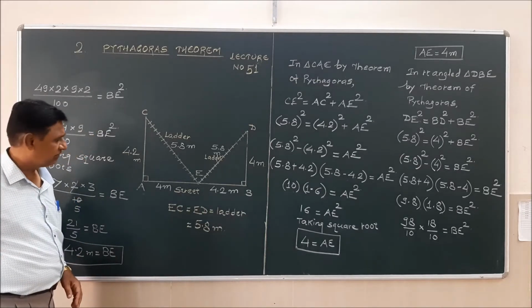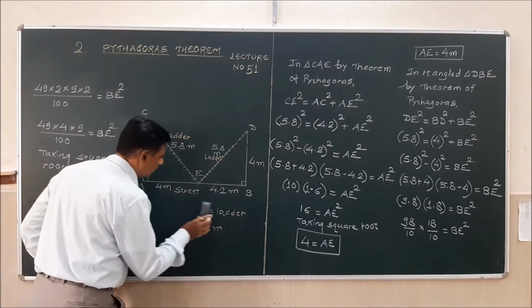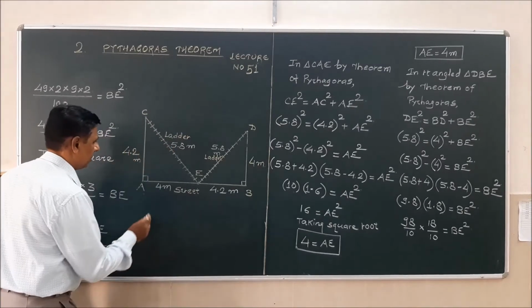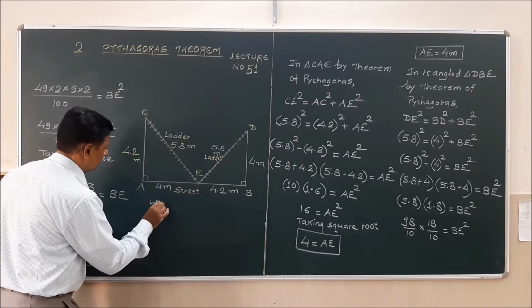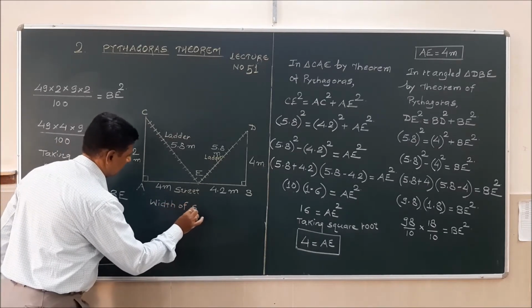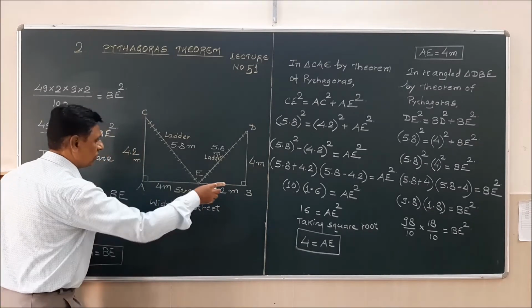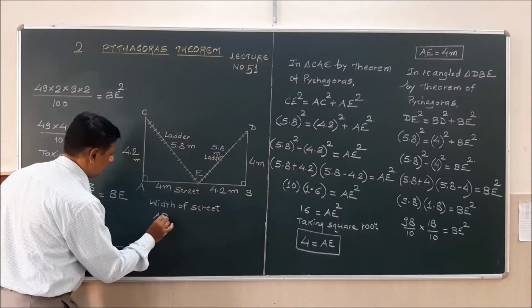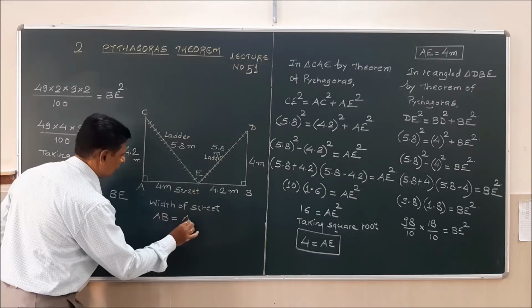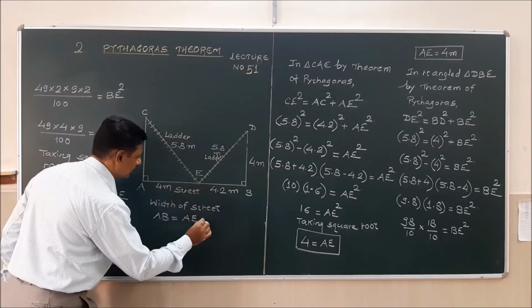Now the width of the street, very easily you can get. So you'll find width of street is equal to AD, that is equal to AE plus BE.